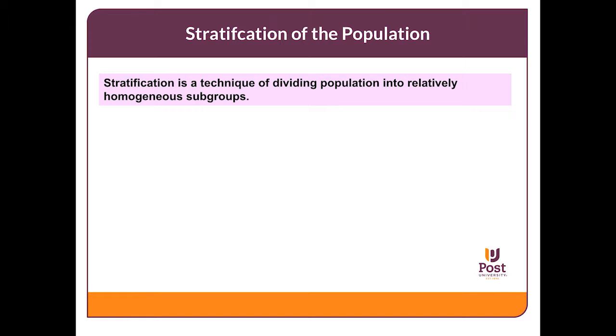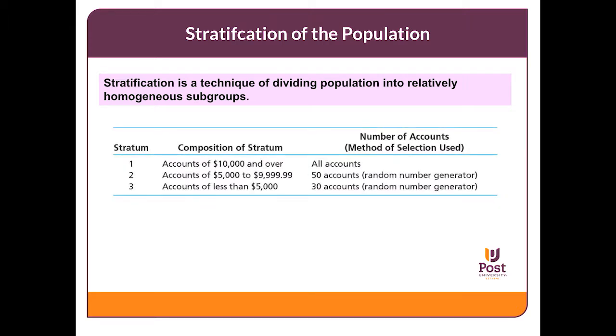Stratification is a technique of dividing a population into relatively homogeneous subgroups. For example, if we have a population of accounts receivable, we may decide to create 3 strata. All accounts $10,000 and over is one stratum. The second is accounts $5,000 to $9,999.99.